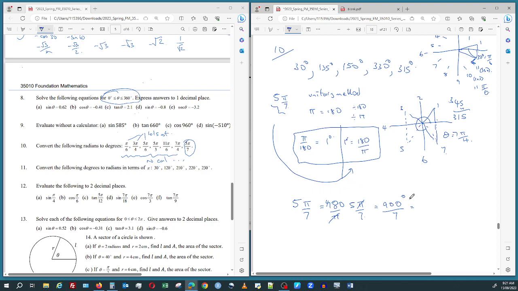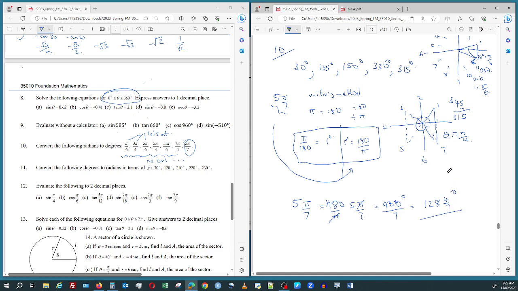So 7 into 900. Well, 7 into 9 goes once, 2 left over, 2 7s are 14, with 6 left over, 7 7s are 49, 7 8s are 56, with 4 7ths left over.